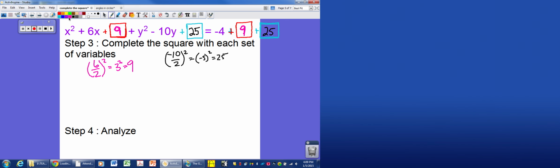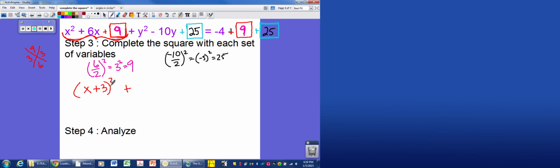So now what I have made, of course, is my perfect square trinomial, my quadratic that is nicely factorable. These three terms now, what numbers multiply to give us 9 and add to give 6? They are 3 and 3. So these three things now factor to x plus 3 squared.